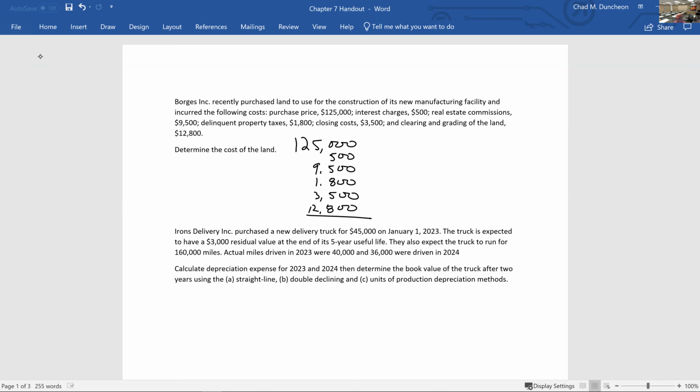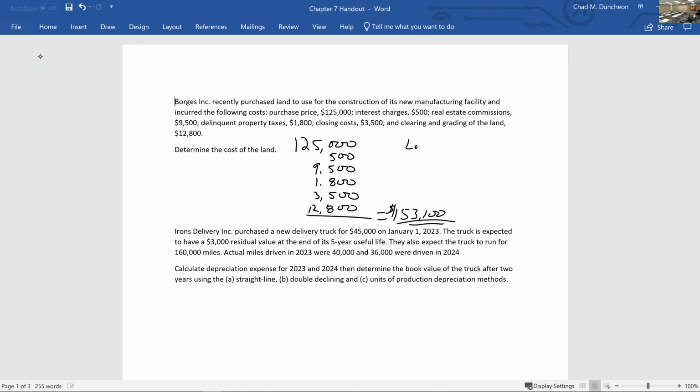And the clearing and the grading of the land, that's getting it ready for use, that is also part of the land. So everything given here is considered part of the land. So we get the cost of the land to be $153,100.